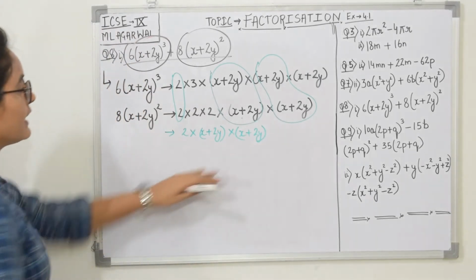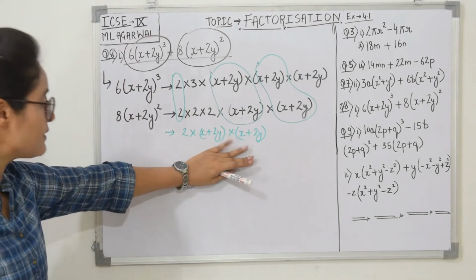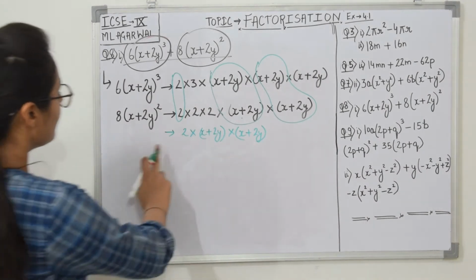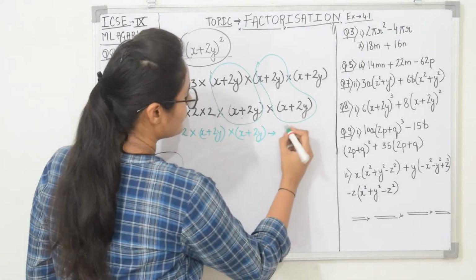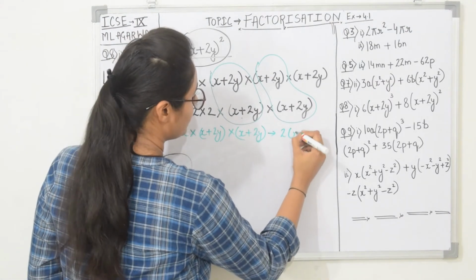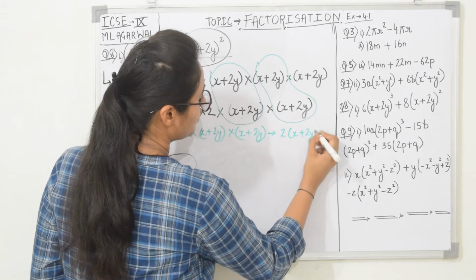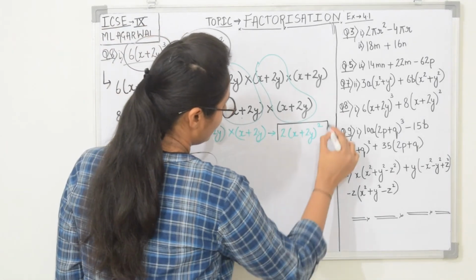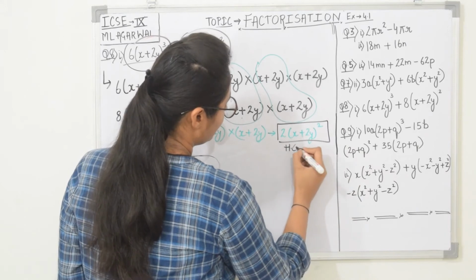See, (x + 2y) comes 2 times. That means in your HCF you have got (x + 2y) squared with 2. So your final HCF will be 2(x + 2y)². Okay, so this is your HCF here, and you have to divide this.